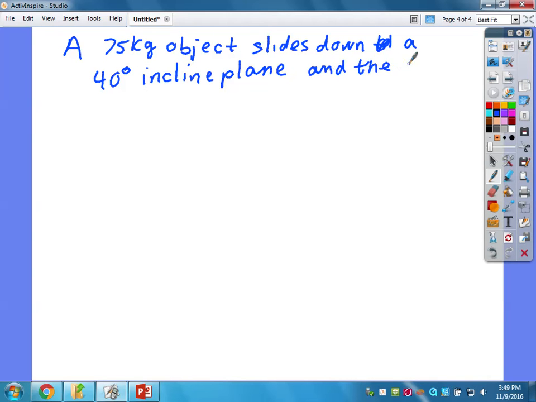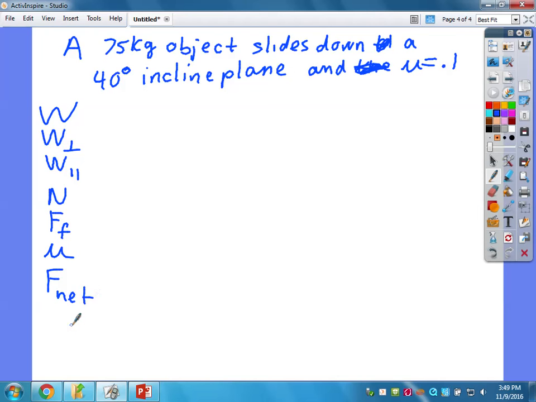And the coefficient of friction, mu, we'll keep it simple, 0.1. Okay? Mu equals 0.1. I want to know what is the weight, what is the weight perpendicular, what is the weight parallel, what is the normal, what's the frictional force. I'm going to put mu there even though we know it. Mu, what's the net force, and what is the acceleration of this object.